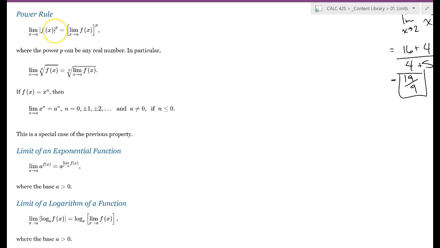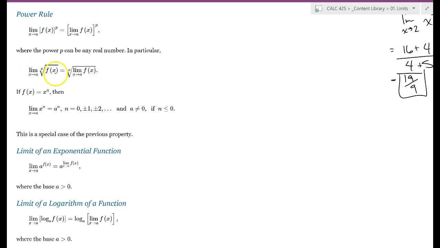So the power rule is, again, just taking that idea of being able to shimmy your limit into other pieces. It says that for any limit where you're taking the limit of a function with an exponent, we can actually insert the limit and apply it directly to the function and keep the exponent on the outside.